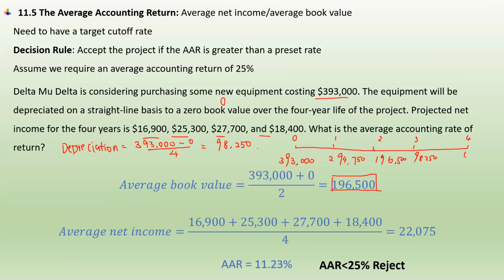And at year 4, the book value reaches 0 because we said it's a straight line basis to a 0 book value. Then we can find out the average book value over those 5 years.